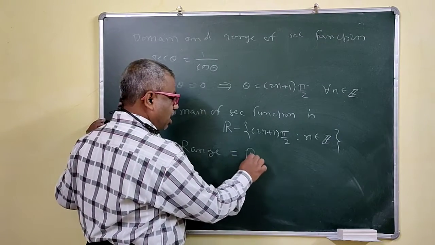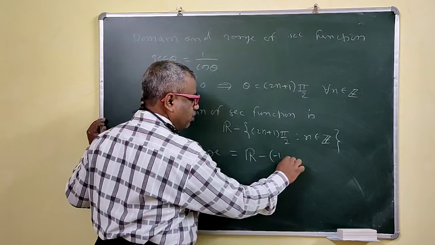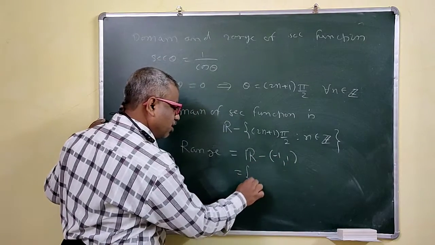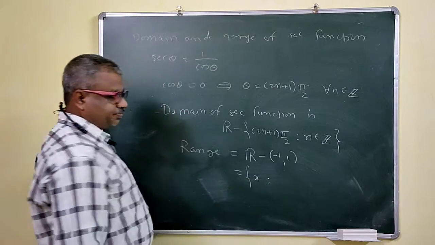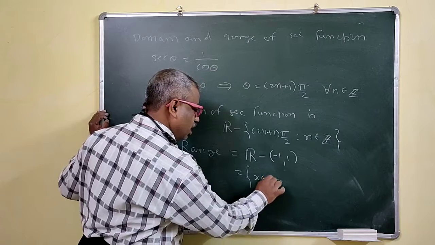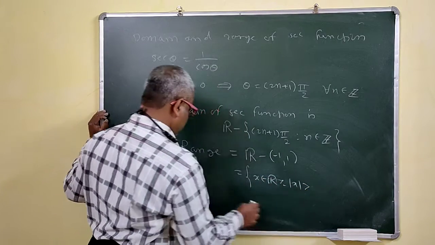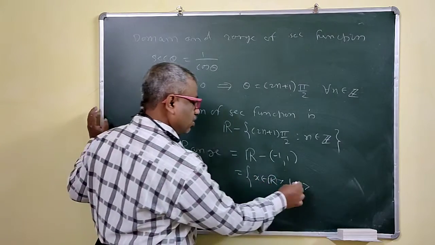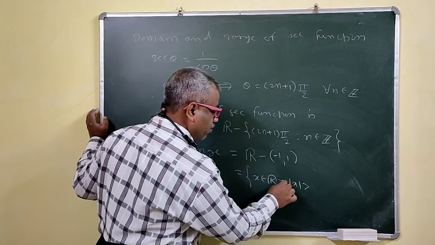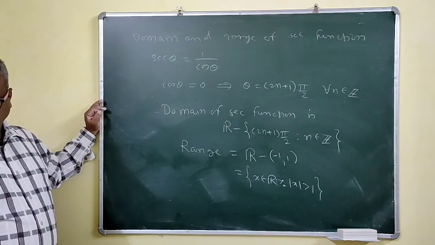So this is nothing but R minus the open interval (-1, 1). Or you may write this as x belongs to R such that mod x is greater than or equal to 1.